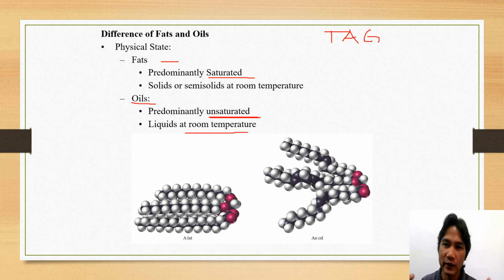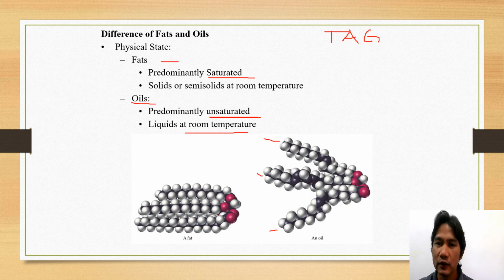The bending in the fatty acid makes the fatty acids stay far from each other. So with the presence of bending, there will be less packing. That's why, as you can see here, the fatty acids are separated from one another because of the double bonds, because of the bending.